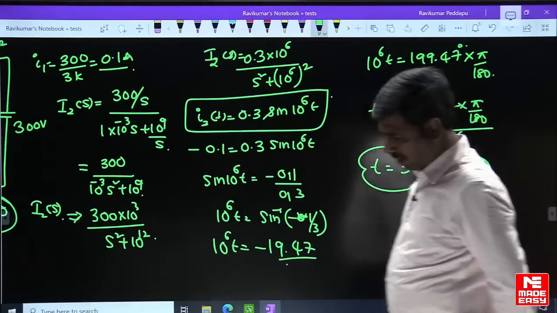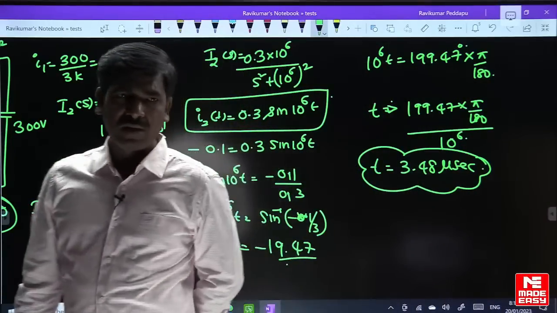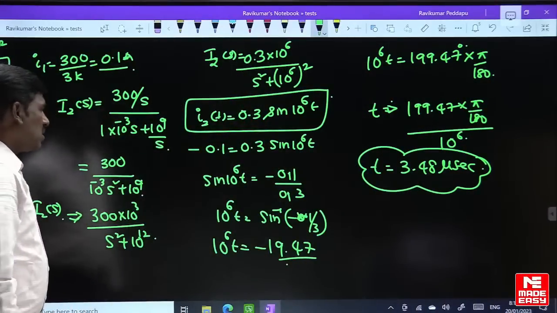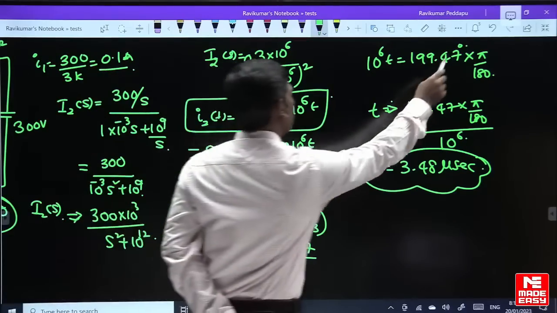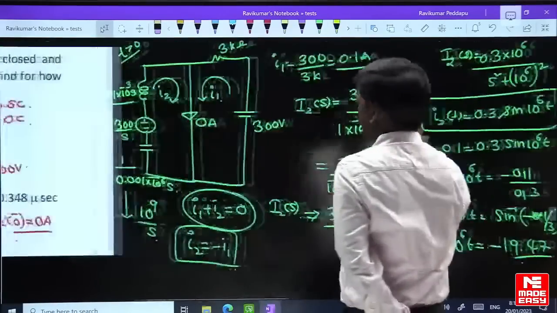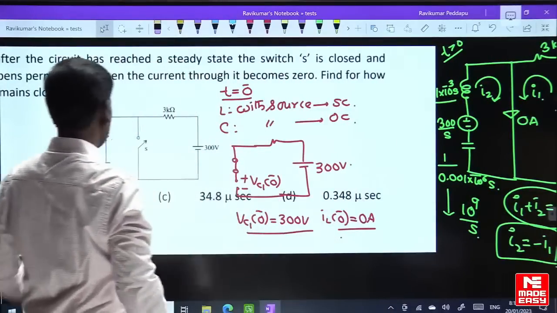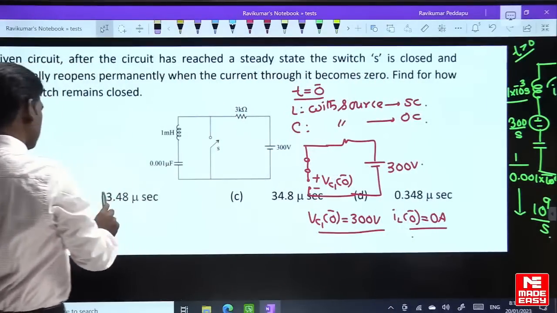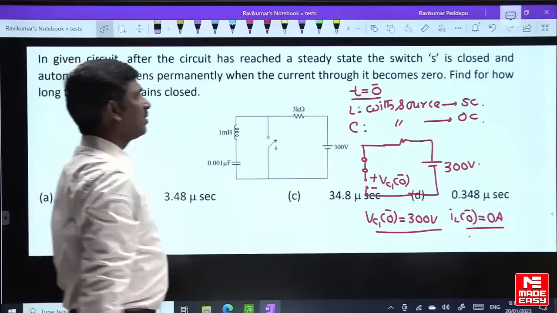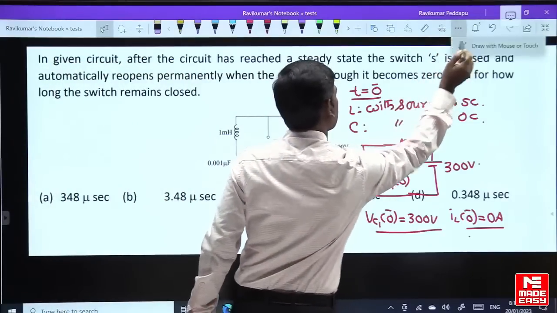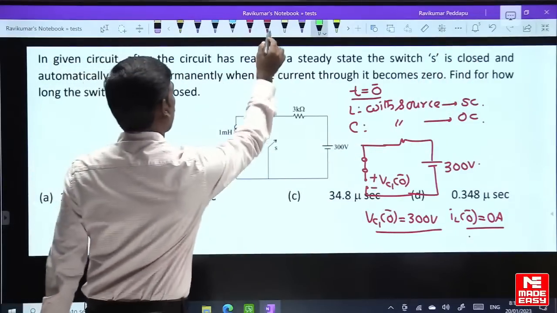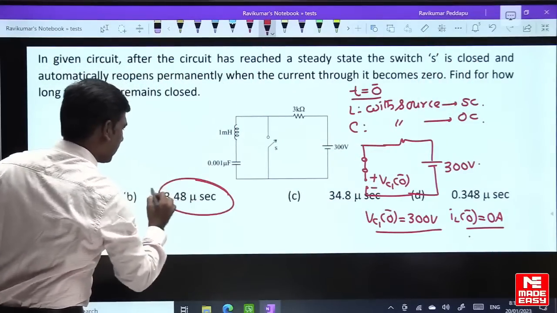Aditya Prasad also gave the correct answer 3.48. So is the option there or not? Check it. The 3.48 option is there. Yes, option B is correct, 3.48 microseconds.